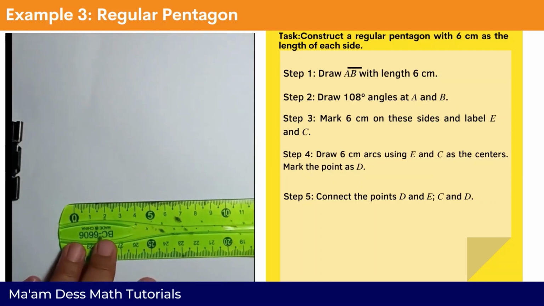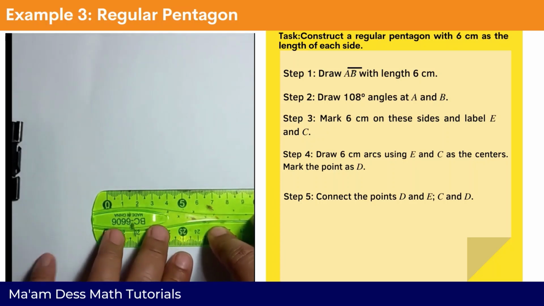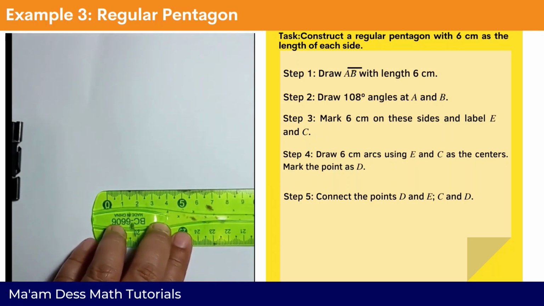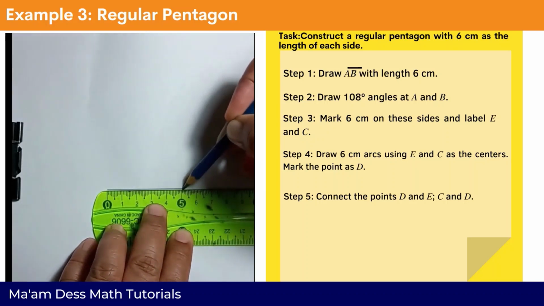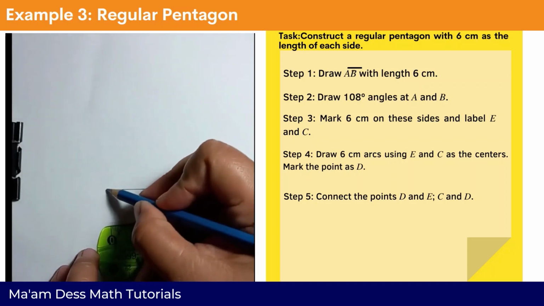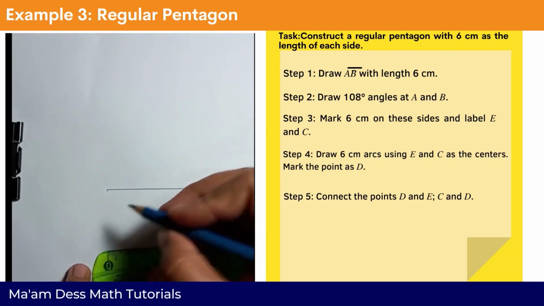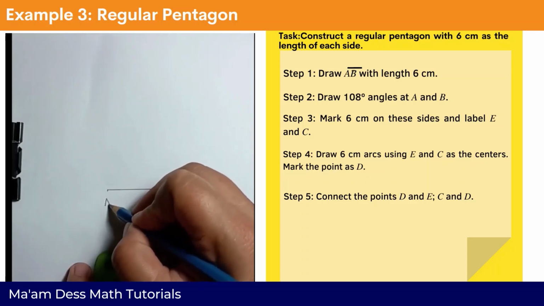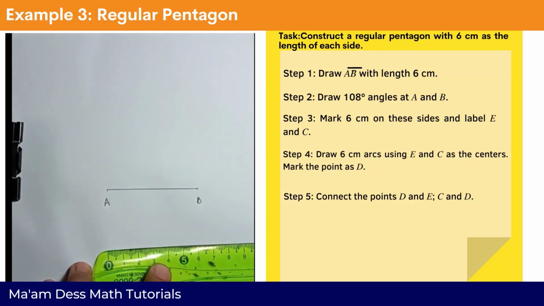Okay, first, you have to draw line segment 6 centimeters. Okay. And then label this as point A. This one is point B. Next.